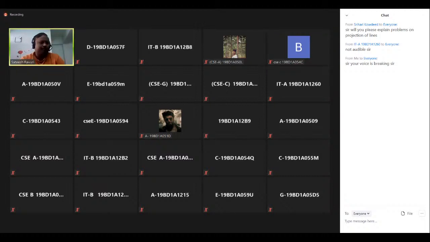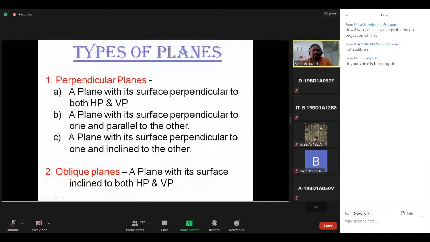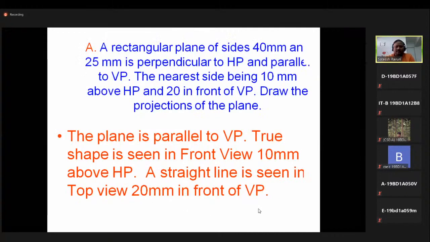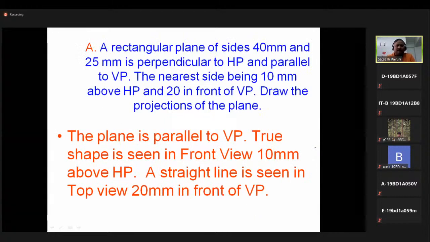perpendicular to one. The second one is a plane with a surface perpendicular to one and parallel to the other. So here the rectangular plane with sides 40 and 25 mm, which is perpendicular to HP and parallel to VP.